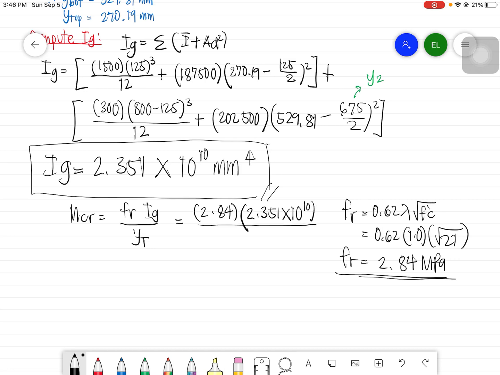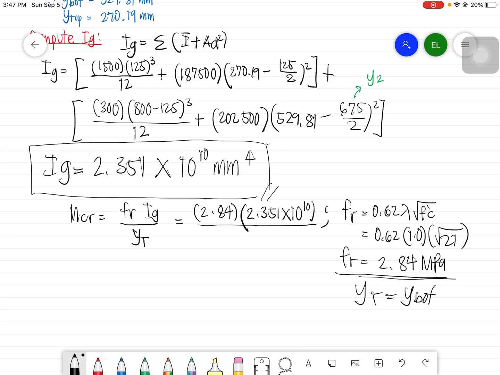then over yt. So our yt is the y bottom. Okay, so take note that yt is equal to our y bottom, because that is the distance from the neutral axis to the extreme tension fiber.